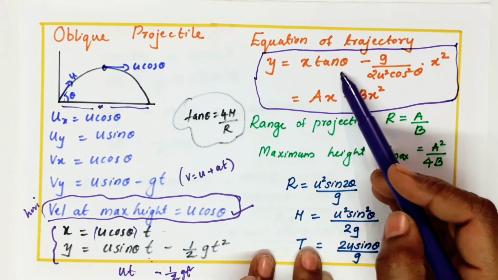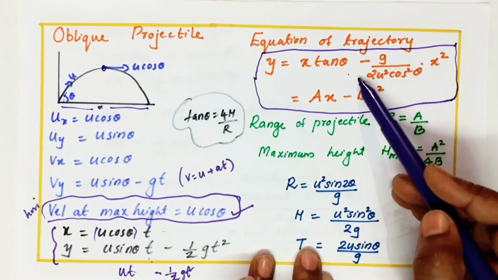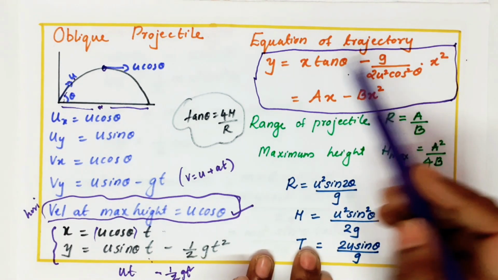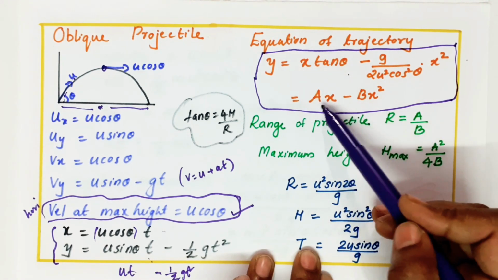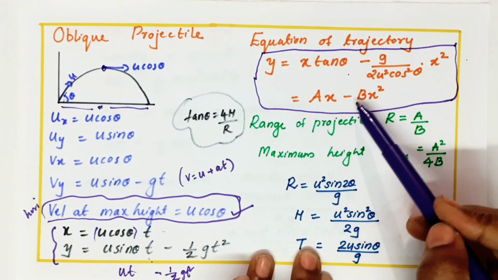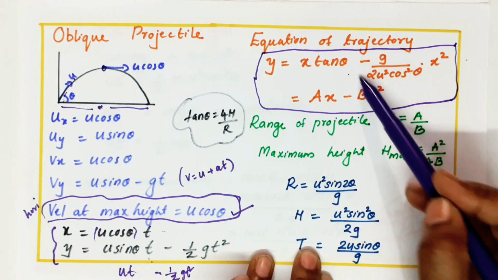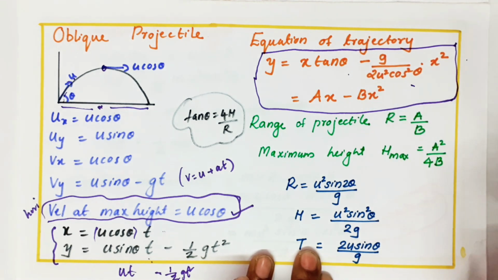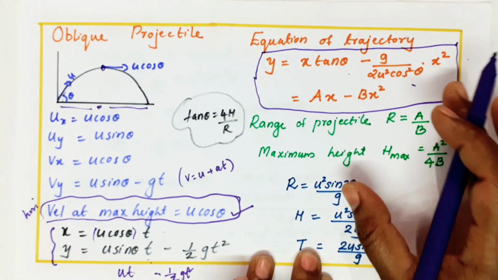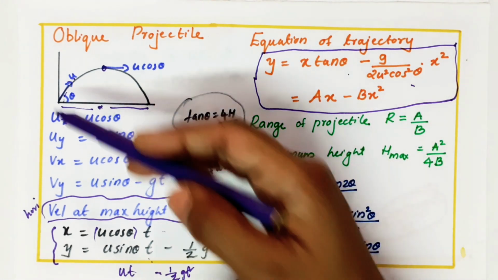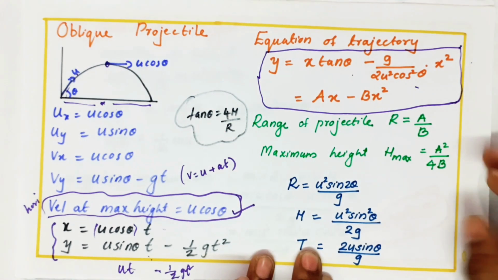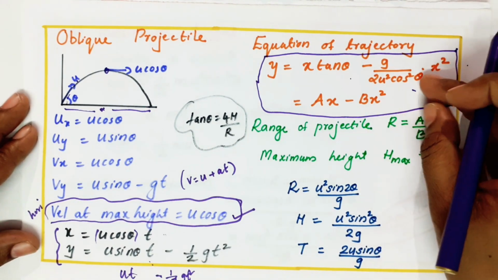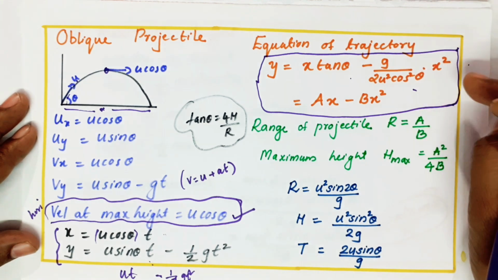This I can write as a into x minus b, where a is tan theta and b is this full term, g by 2u square cos square theta into x square. So this is the equation for the trajectory, because this path is called the parabolic path. As it is a parabolic path, I get an equation like this. You should remember this equation also.